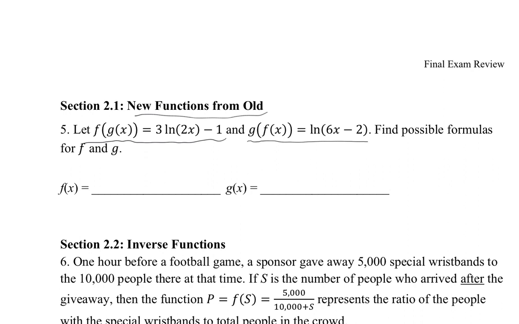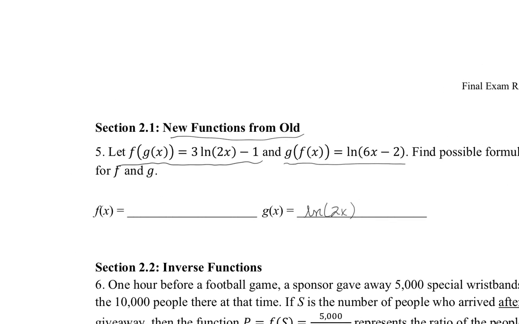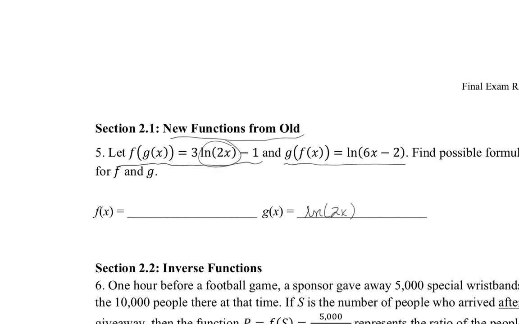So I'm noticing that we have this natural log in here. Because g is an inside function, let's just say that g is natural log of 2x, which means that here it's taking the place of x. So f of x would have to be 3x minus 1 for this to be the case.